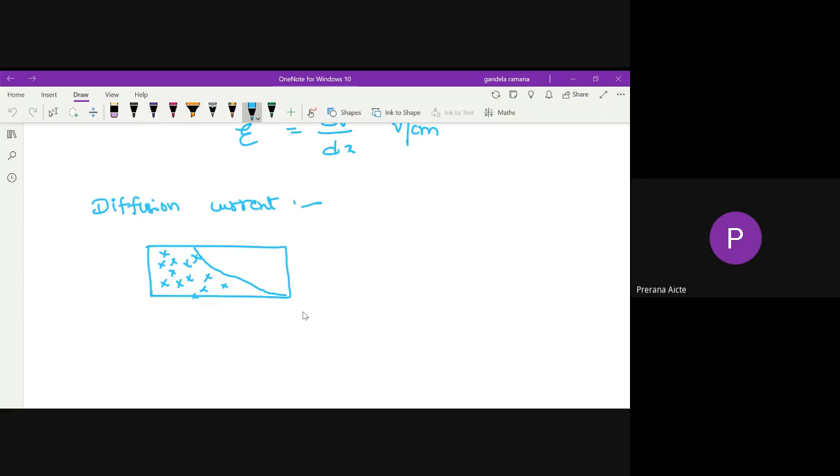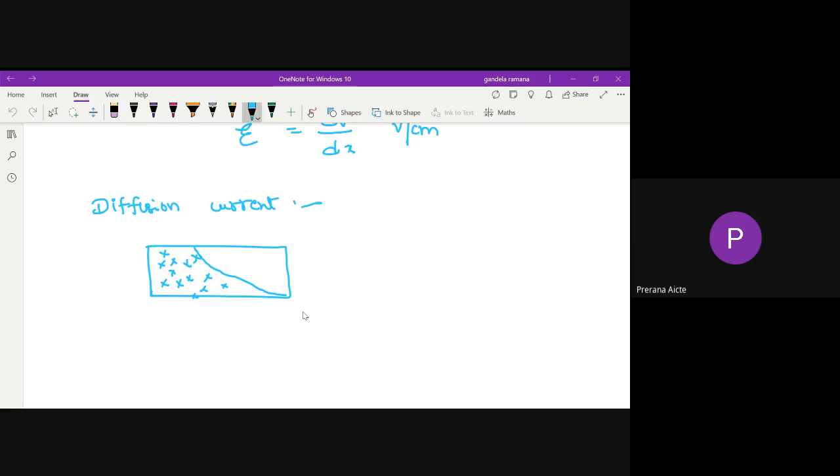Like that, electrons move from one place to another without any electric field. That means without any electric field, the movement of charge carriers from higher concentration to lower concentration is called diffusion current.